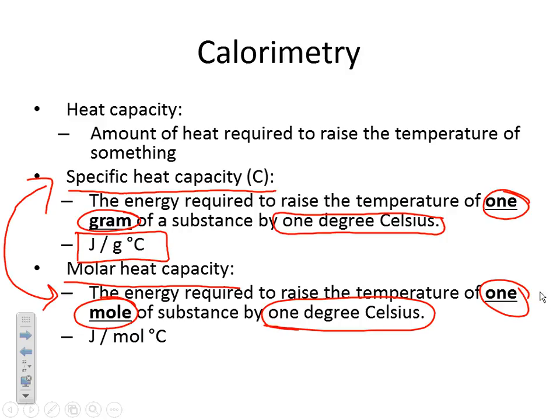What is it that's linking these two? That's right, gram formula mass. Just converting between grams and moles, we have this linking. Hey, it pops up everywhere, right? We have this link between specific heat and molar heat capacity simply through turning grams into moles, and we have this exact same idea.